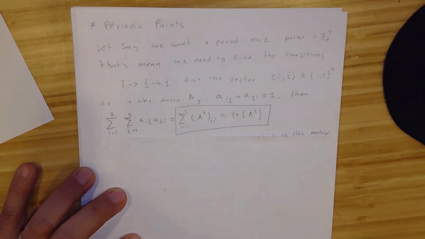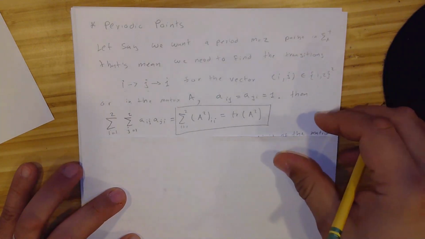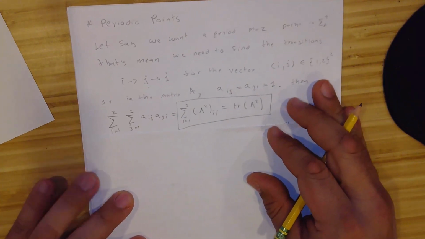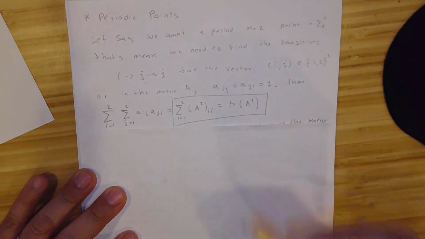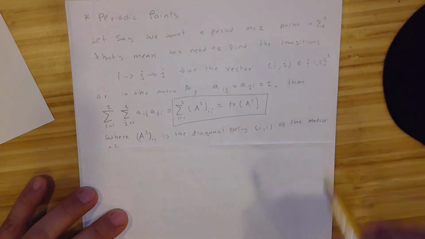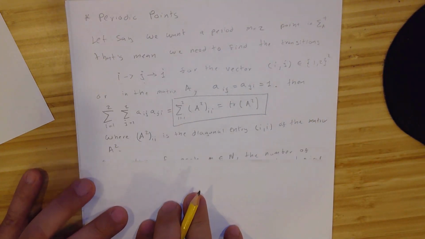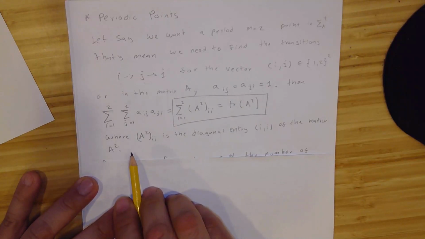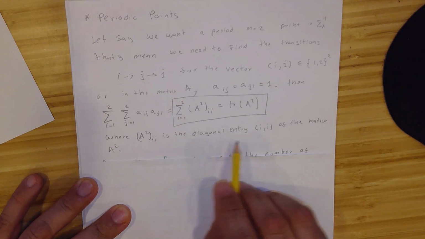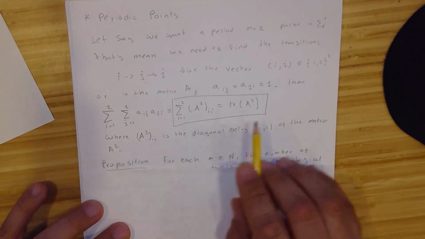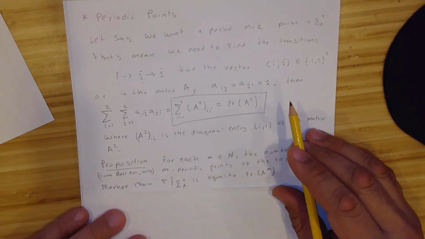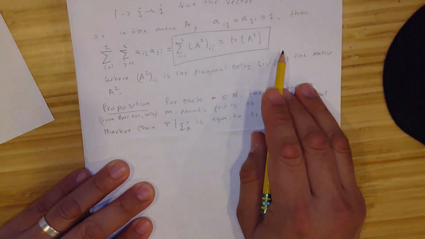If the matrix is diagonalizable, I don't know how to say that in English properly, but if we can get the diagonal of this matrix, we will have this property that will work.